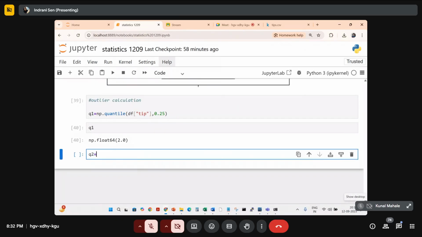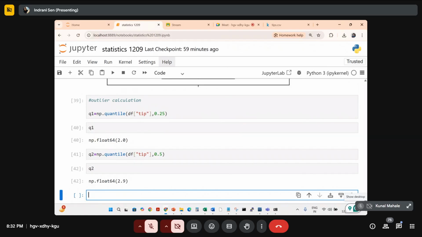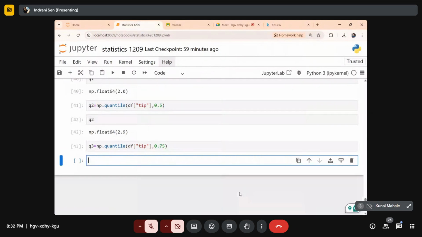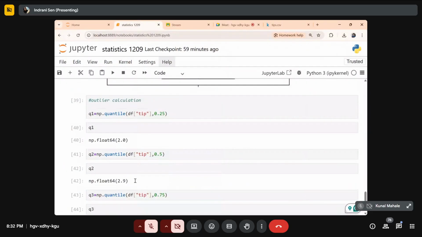Next, we are talking about Q2, np.quantile. Then we have Q3, np.quantile. Okay, so these are the Q1, Q2, and Q3.